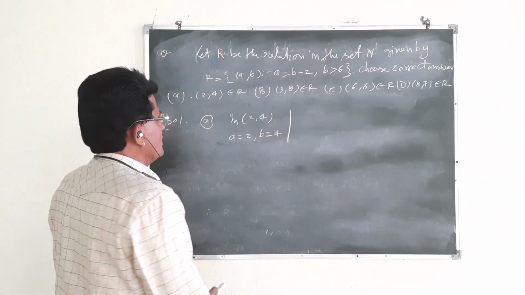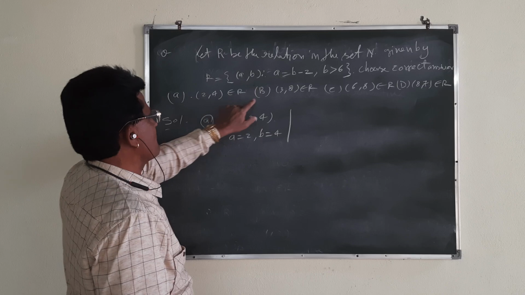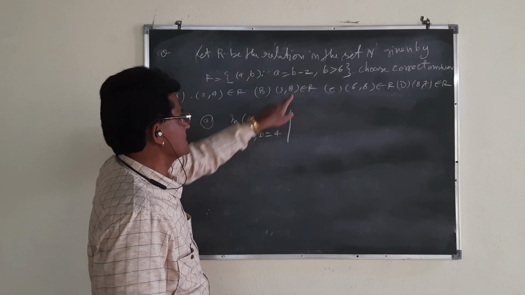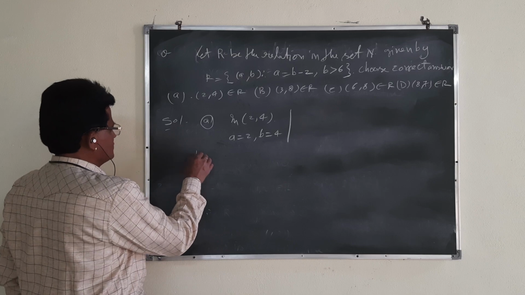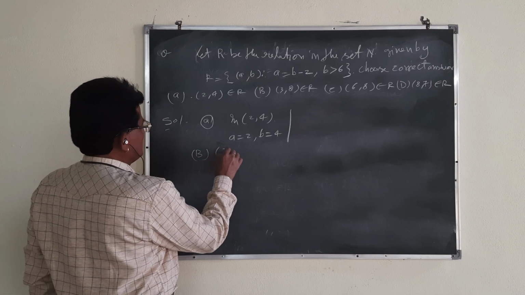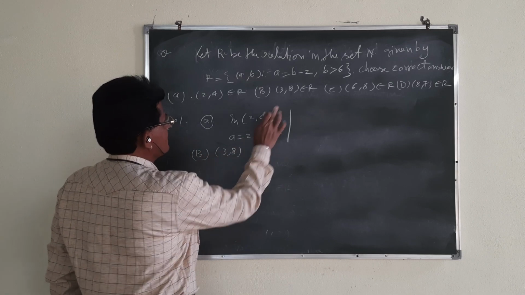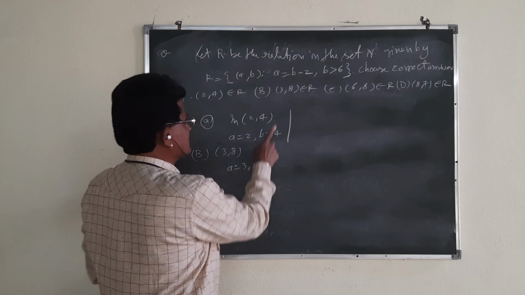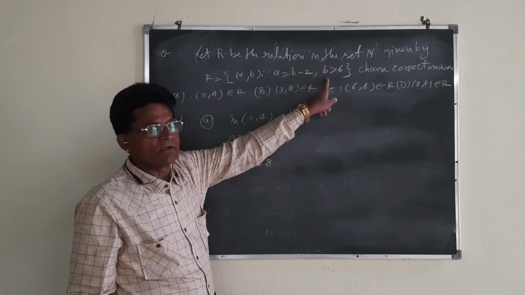Whenever there is b greater than 6, in the B case, you see (3, 8). Here you see a is equal to 3 and b is equal to 8. That is greater than 6. It follows this condition. Okay?